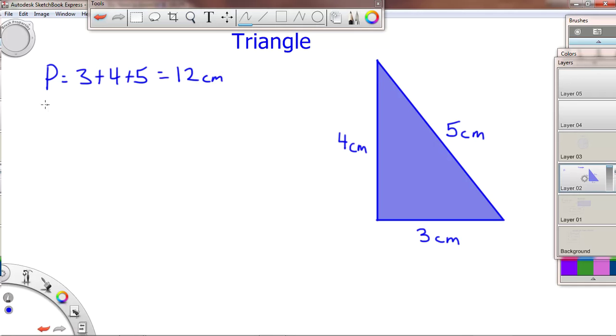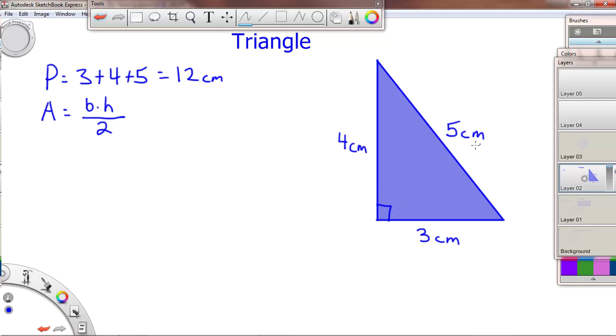Okay, the area of a triangle. Now, to calculate the area of a triangle, we need to know two things. I'm going to give you the formula first here. The formula for the area of a triangle is going to be the base times the height divided by 2. Now, the thing about the base and the height is they always touch each other at a 90-degree angle.